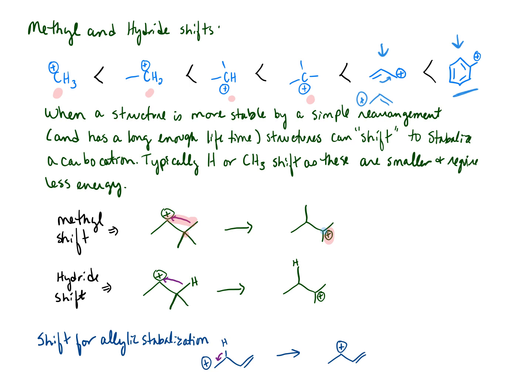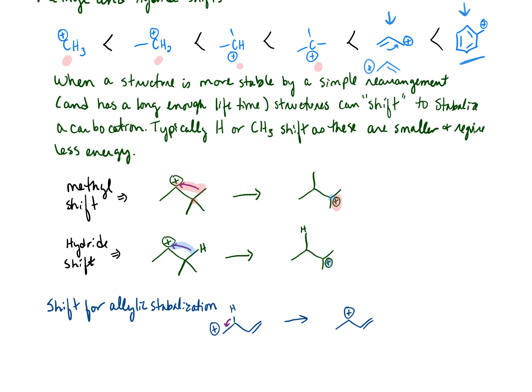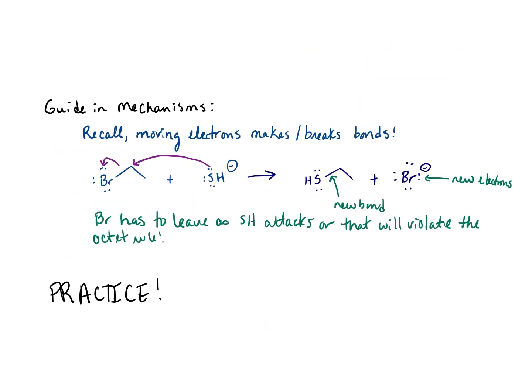And the same thing could happen if you have a hydrogen that shifts over, where we leave behind a positive charge there. That can also happen for allylic stabilization or benzylic stabilization. So we could have a hydrogen shift over to a carbon there, and that would leave behind the hole that's right there. Okay, good.